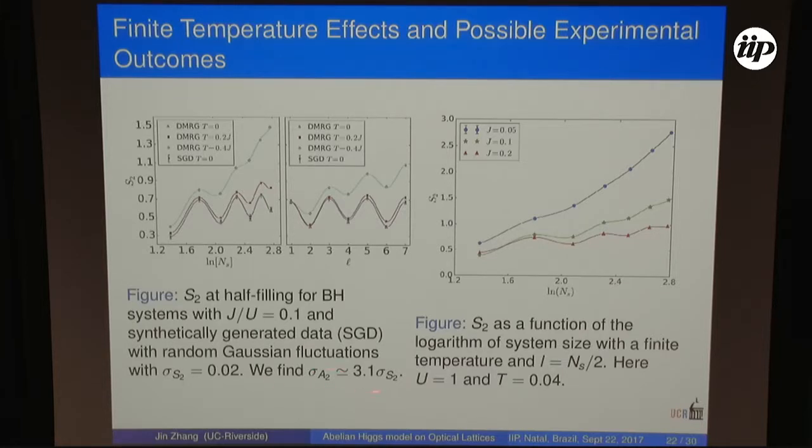So this result shows that we can control the error of the central charge by controlling the measurement error of the second order Renyi entropy.